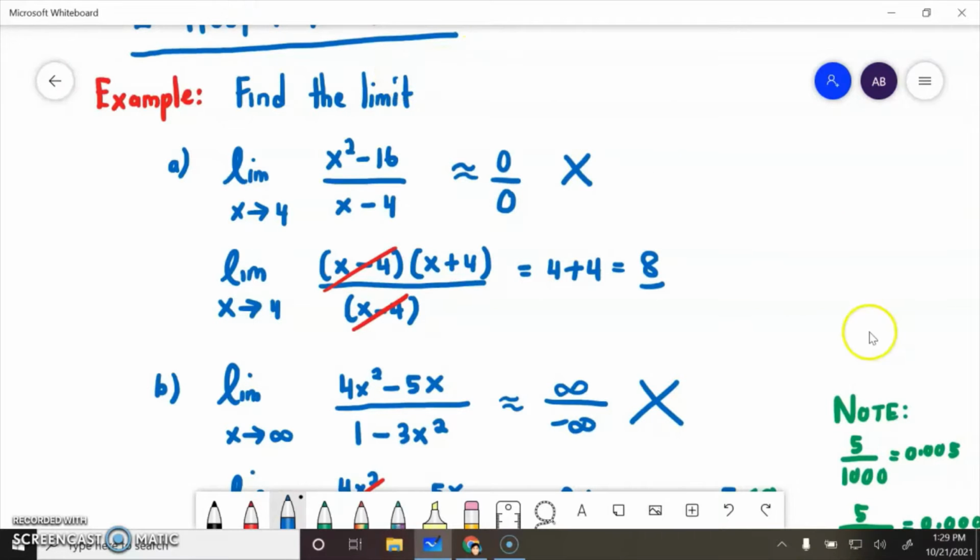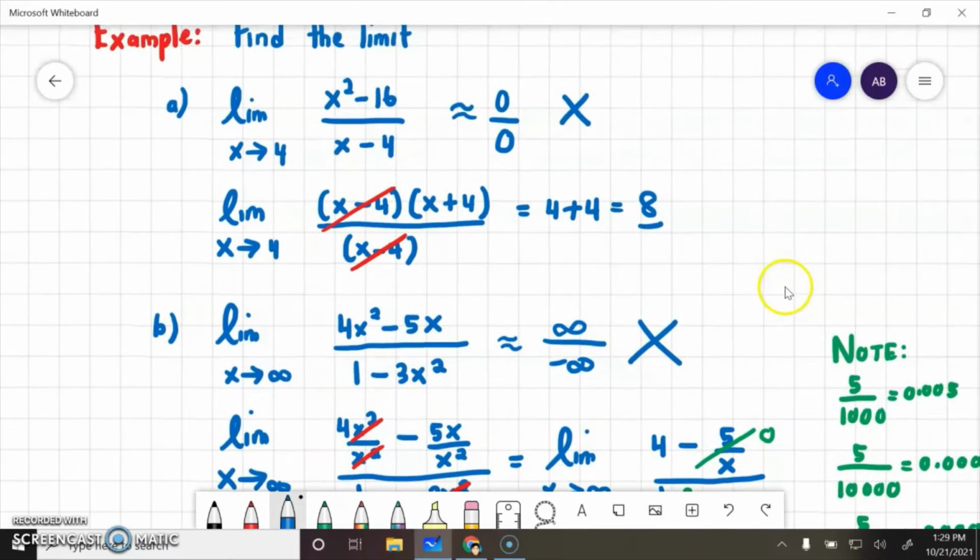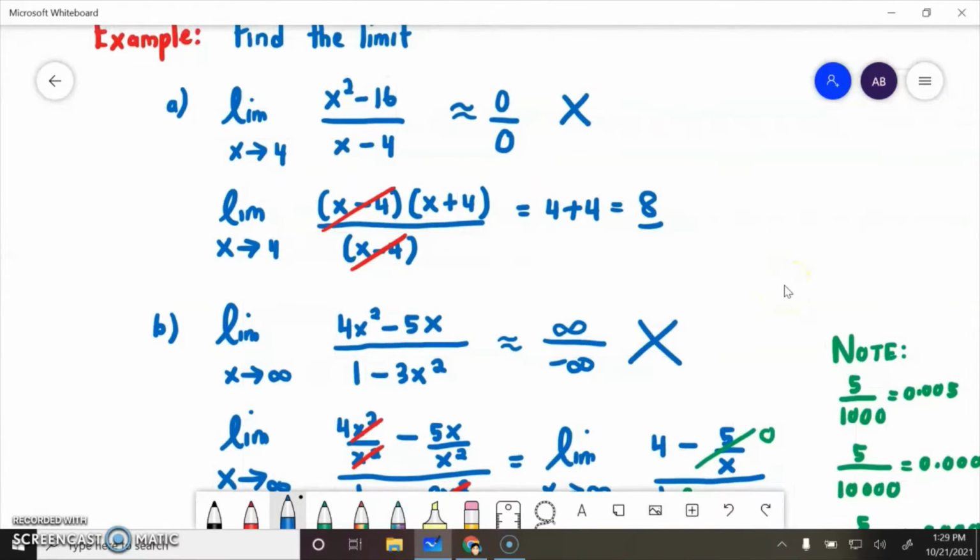I want to show you some cases where the limit fails when you do direct substitution. Substituting x equals 4 into this equation gives you a form where you cannot divide by 0, so it fails. So you have to factorize.